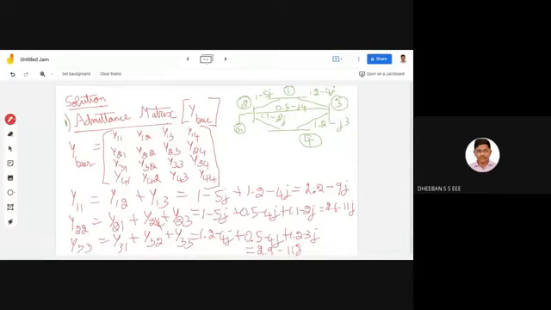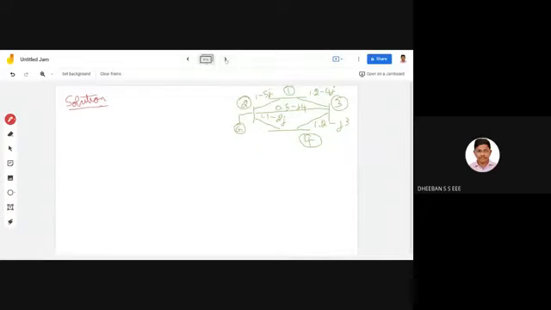Next, you will be moving towards your Y44. It is Y24 plus Y42 plus your Y43. So it will be equal to 1.1 minus 2j plus 1.2 minus 3j.